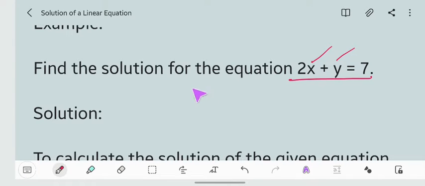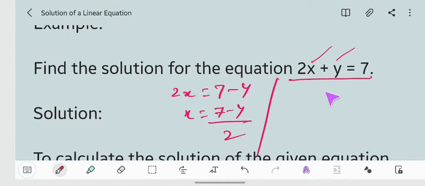We always go by the easiest way. 2x equals 7 minus y, so x equals (7 minus y) by 2. Or writing y in terms of x, y equals 7 minus 2x.